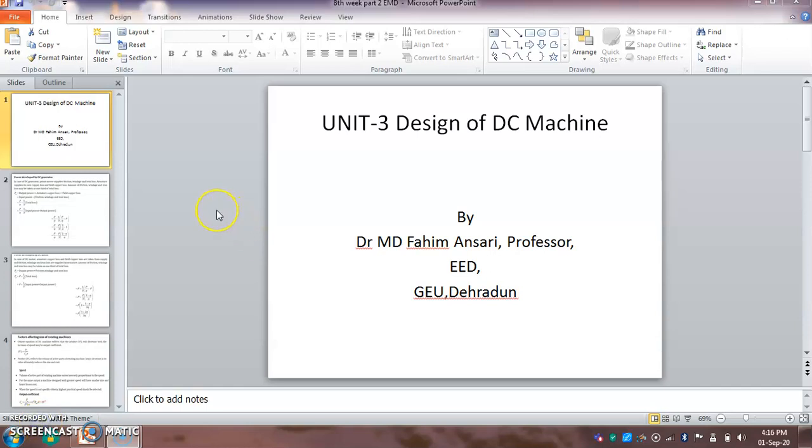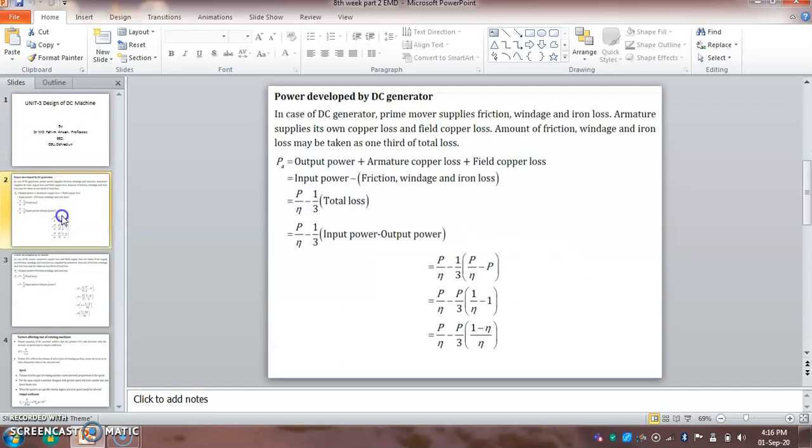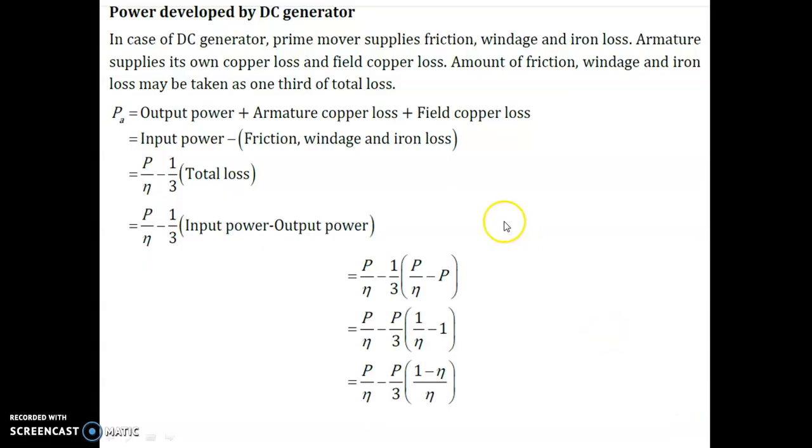So in part 1 I was discussing the output power of a DC generator. Here I was discussing the output power developed by a DC generator.